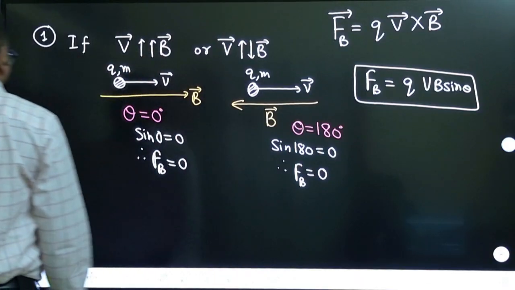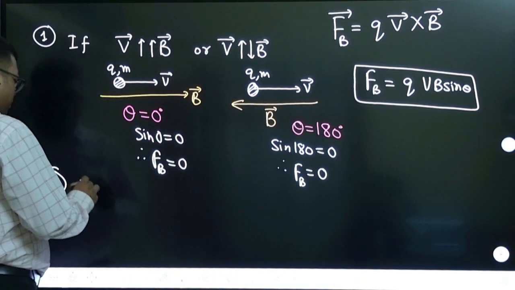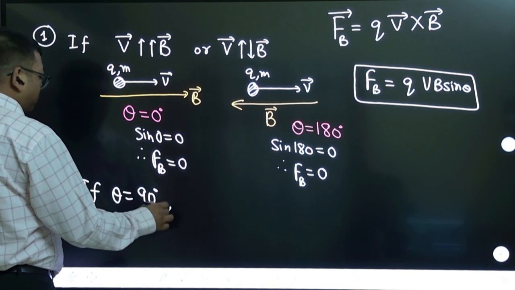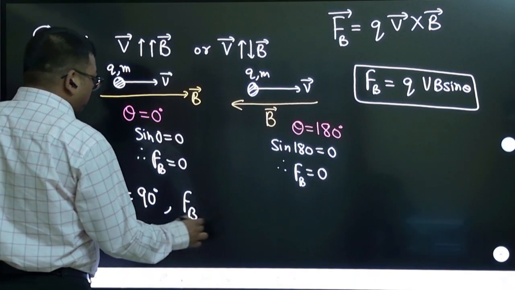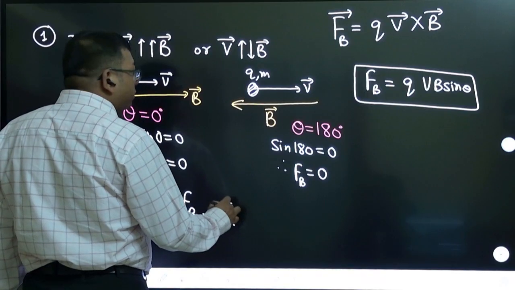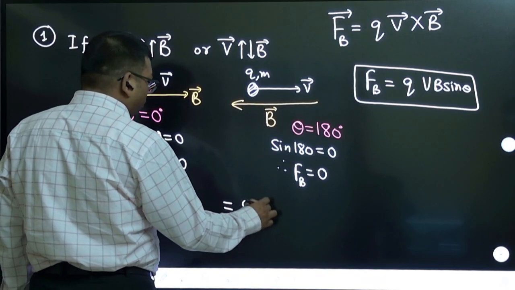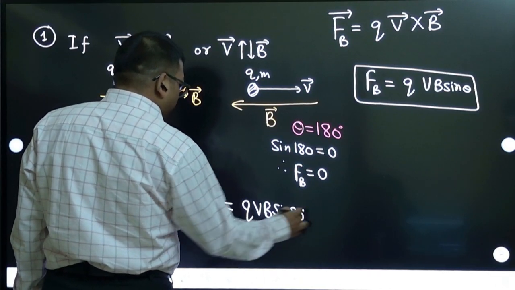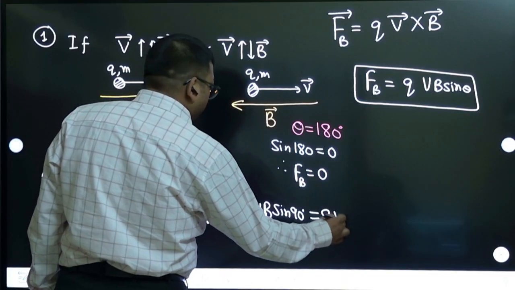Okay, so if theta is 90 degree, magnetic force will be maximum, and that force formula will be QVB sine 90 degree, which is 1. So that's what it will become, QVB.